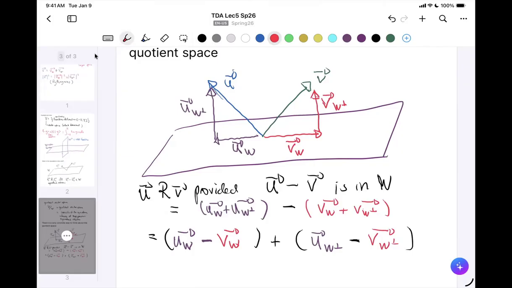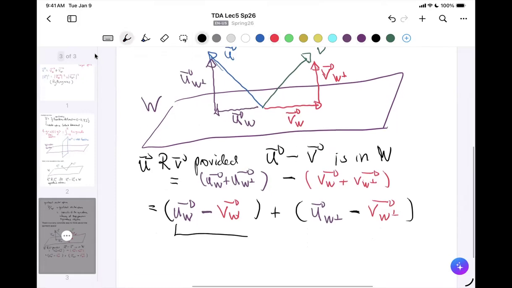These two vectors, the ones in the first parenthesis, are both in the vector subspace W, which is what you see in the picture. Just from the fact that W is a subspace, this is already inside W for free, because whenever you have a subspace, if you add vectors or subtract vectors, they're still in the vector subspace. So this is automatically in W.